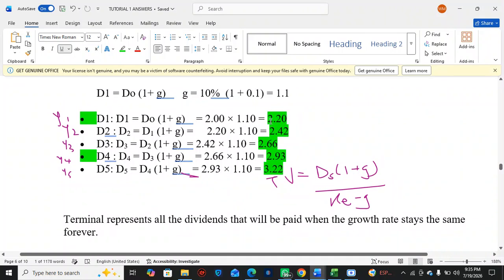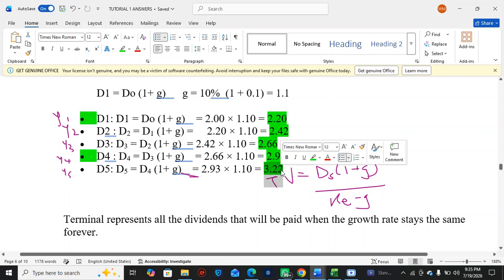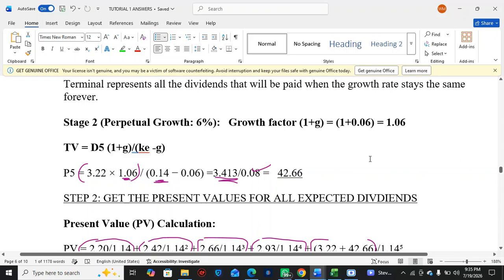This dividend will be paid at the end of year one. This one will be paid at the end of year two. This one will be paid at the end of year three. This one will be paid at the end of year four. Then in year five, you're going to be paid this dividend at the end plus this terminal value.